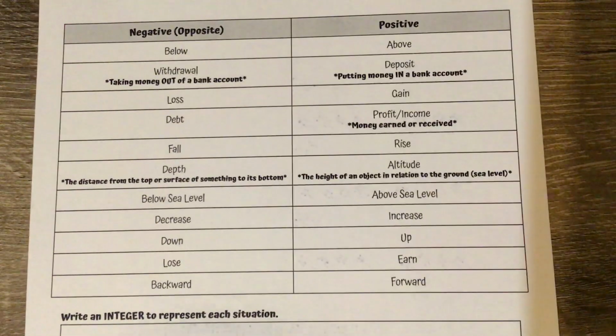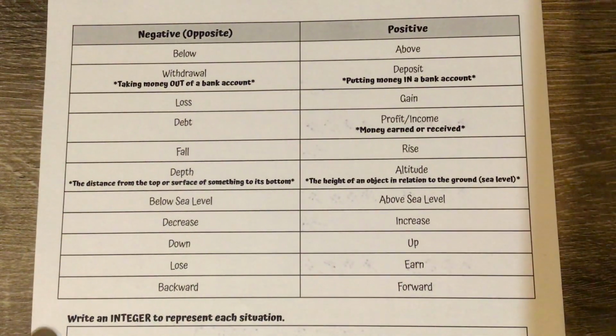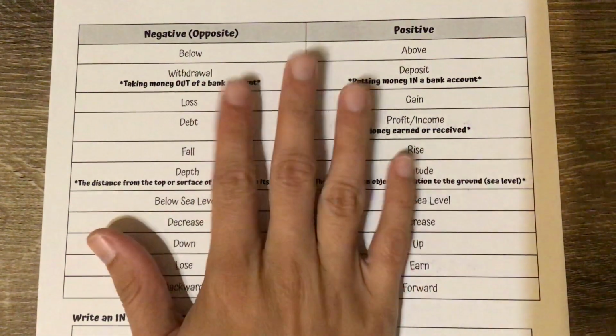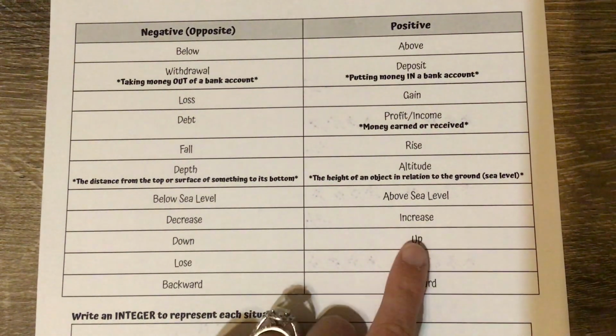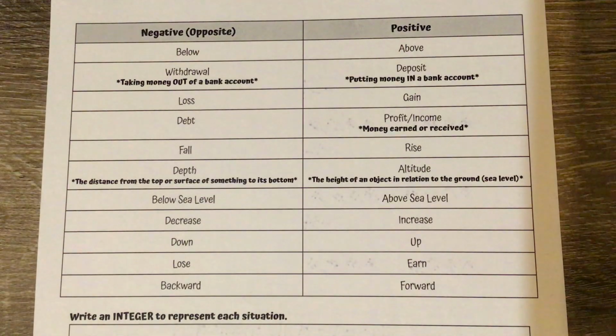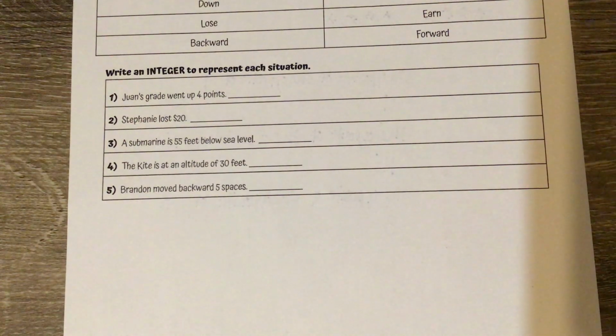Last thing we are looking at is being able to write integers to represent situations. So this chart was in your lesson 1 part 2 notes. This is really important. Use this to help you. Some of them are easy to know, like, up is positive, down is negative. Others aren't as easy. So write an integer to represent each situation.